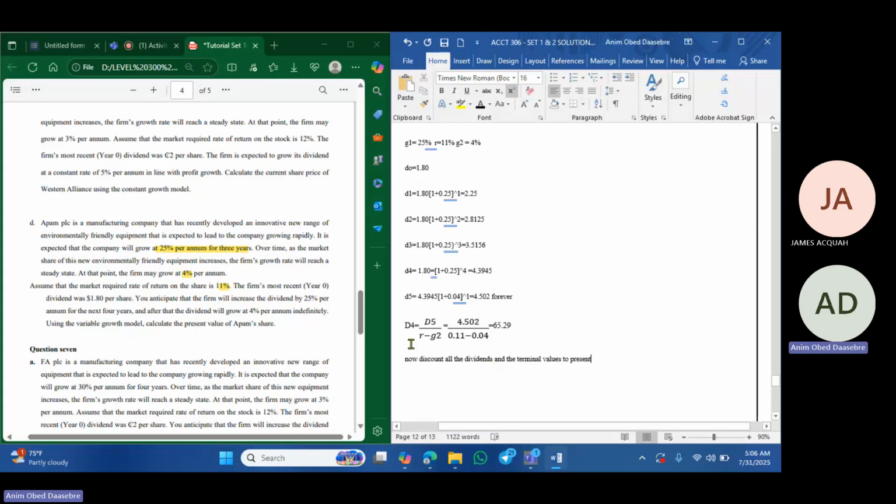When you do that, you discount all of that, D1, D2, D3, D4, and the last D4 that you have completed. You will not include this because that's what you have done to get a D4. Discount all of that using the method that you used in this part C.